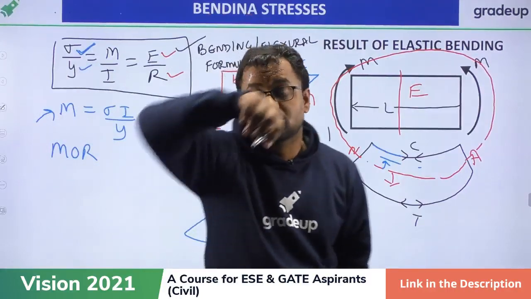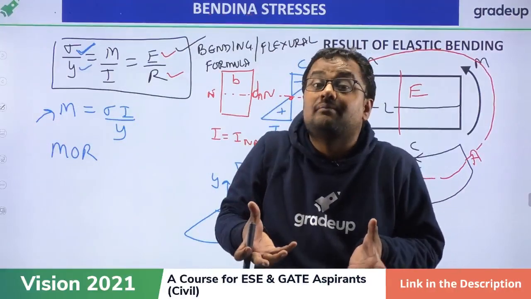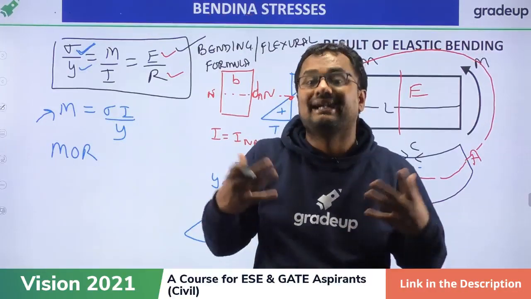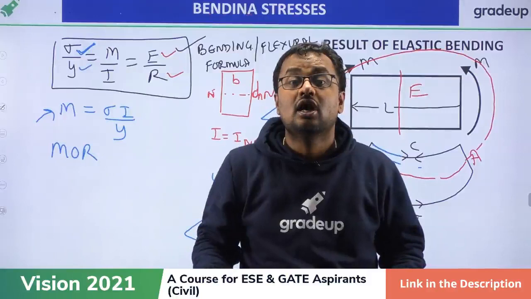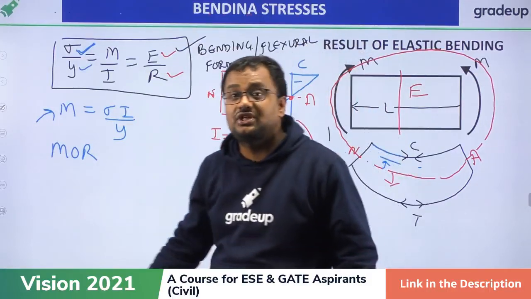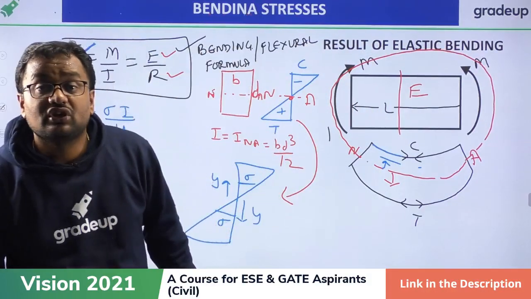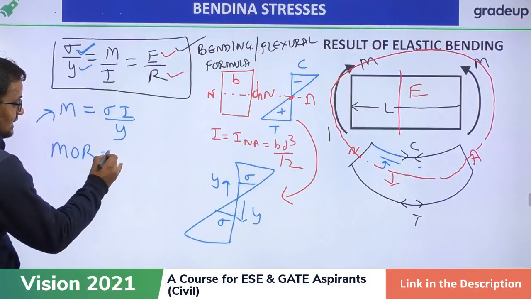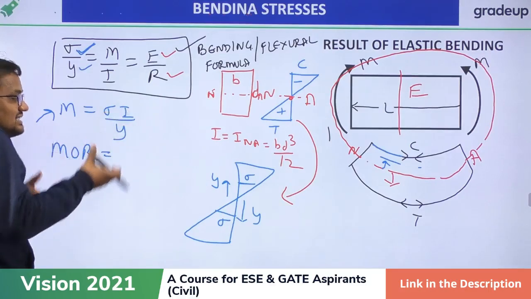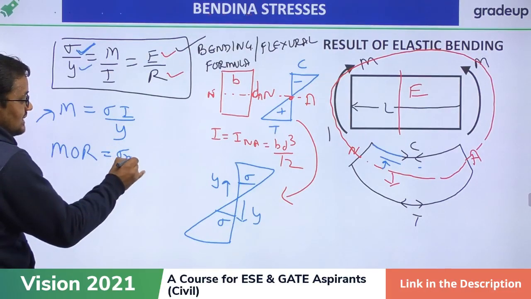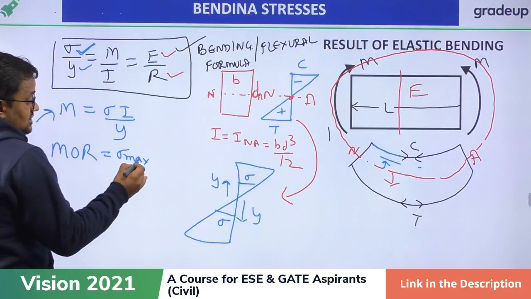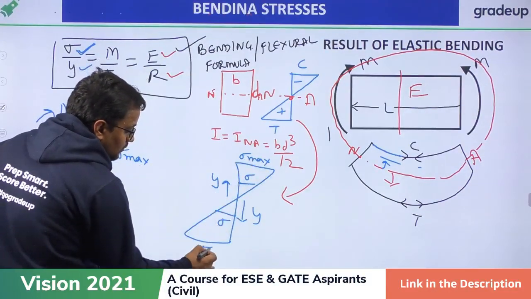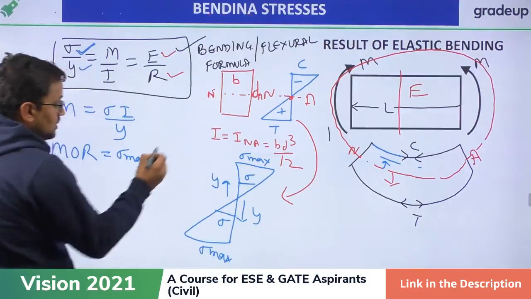Moment of resistance is the maximum moment that the beam can sustain without failure. MOR is M only, the maximum moment that the beam can sustain without failure. When the moment is maximum, then sigma is sigma max, and sigma max will occur at y max. Above or below, both are symmetrical because this is D by 2.